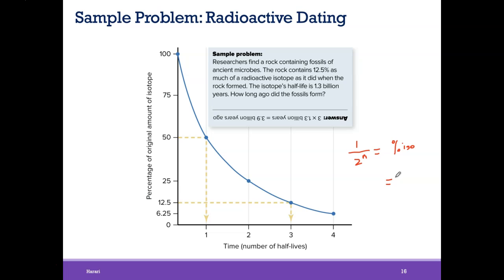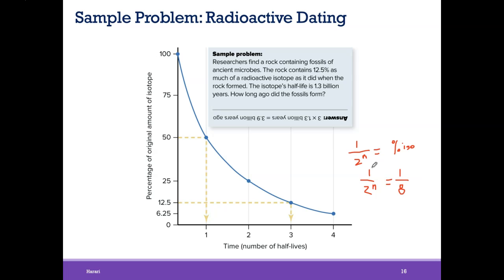I hope you can easily, in your head, recognize that 12.5% is 1/8. It's the same thing. So our equation becomes 1/2 to the n equals 12.5% or 1/8. I'm putting it in fractions because it's easier.